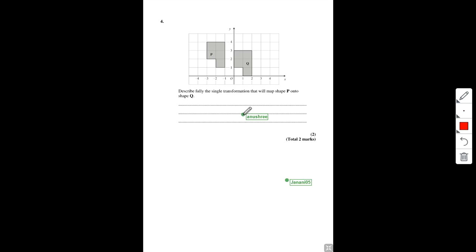Which is the actual shape and which is the translated shape? You just distinguish this. Tell me.